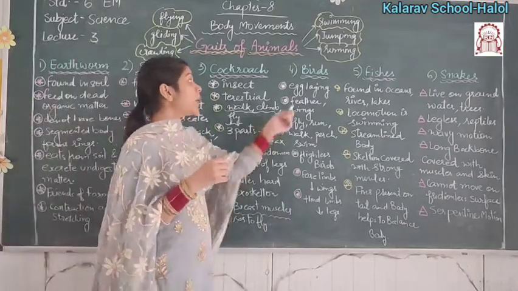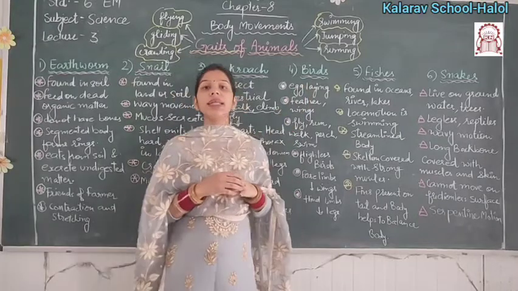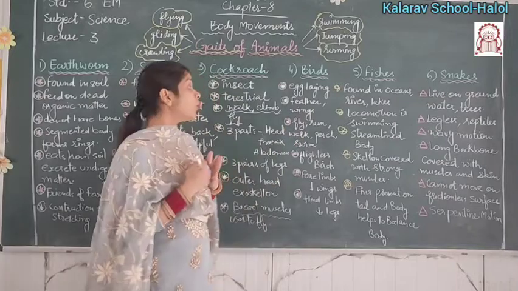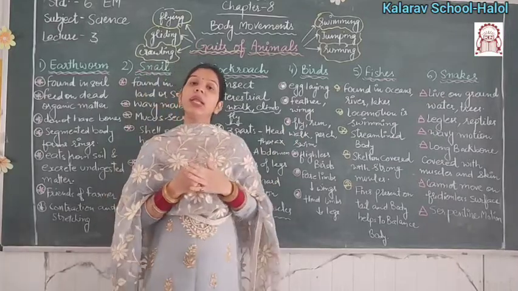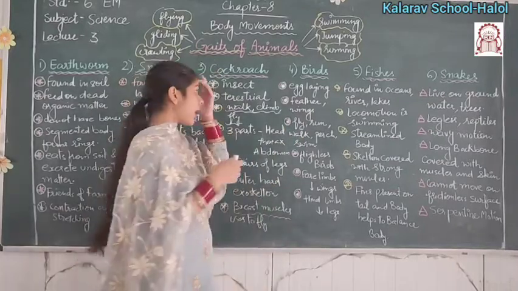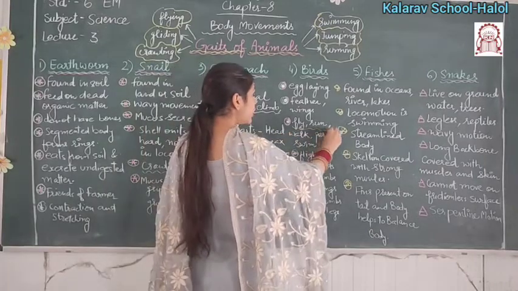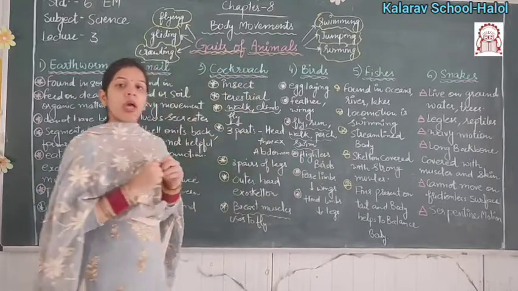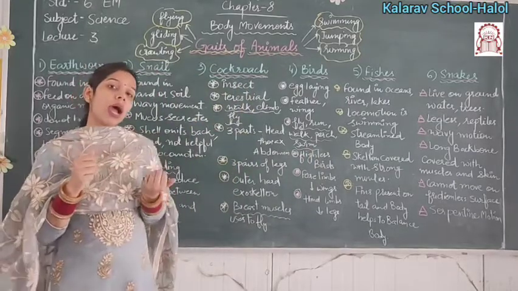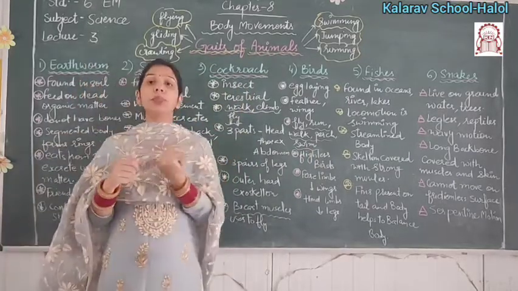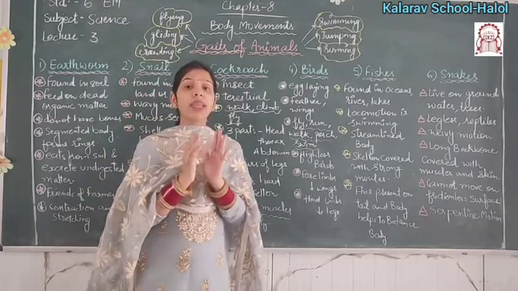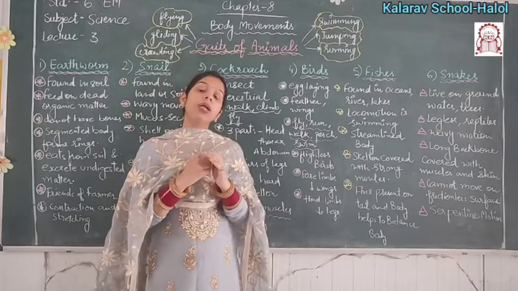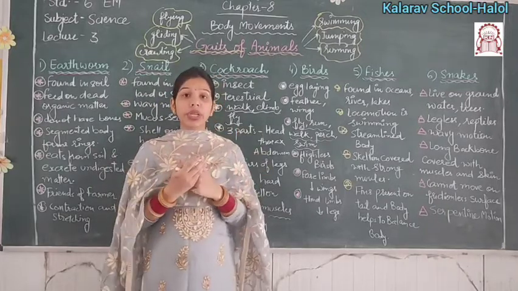Next is birds. Birds are egg-laying animals which have feathered wings. The main locomotion of birds is fly, run, walk, perch or swim. Some birds are called flightless birds because they have a very heavy body and are not able to fly, like the ostrich.